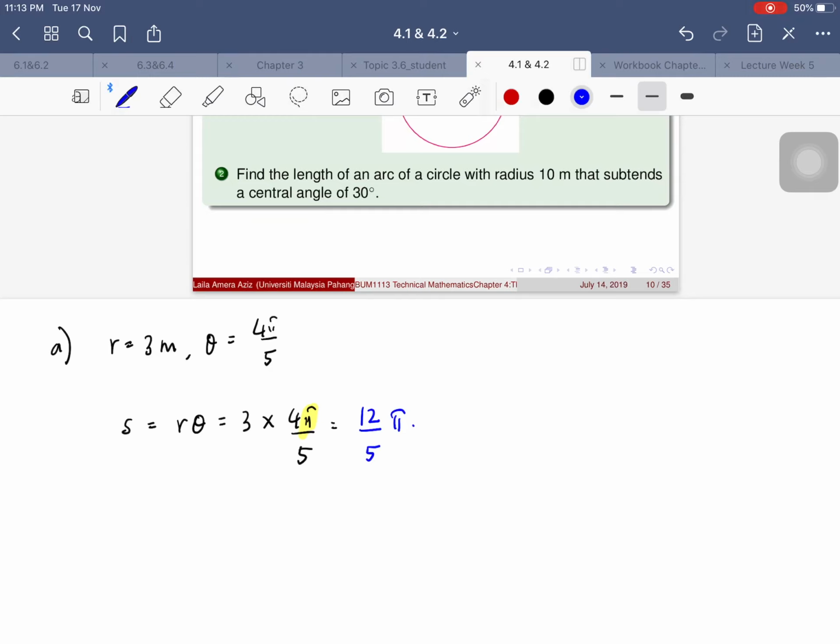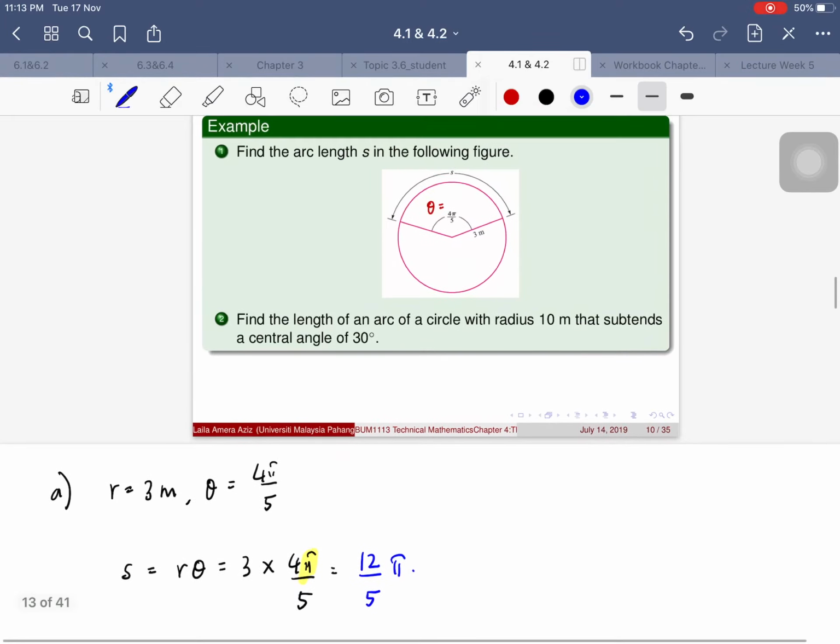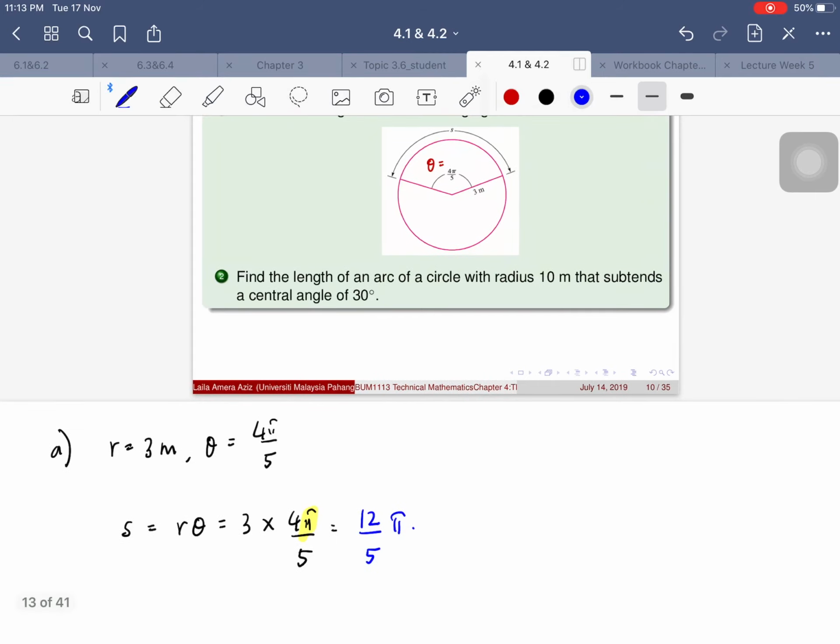So 3 multiplied by 4 pi over 5, I get 12 over 5 pi. And of course, S is the length. What is the unit for this case? Because R is in meters, automatically this is also in meters. So it's going to be 12 over 5 pi meters.